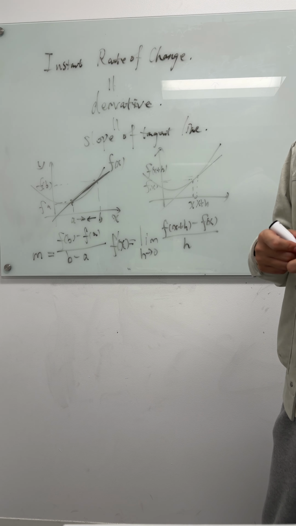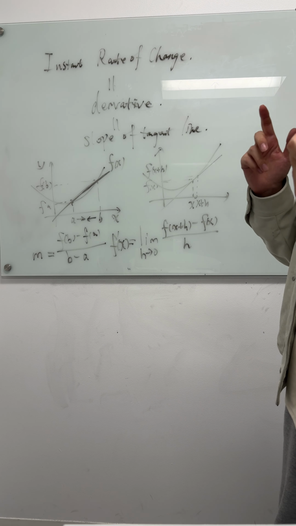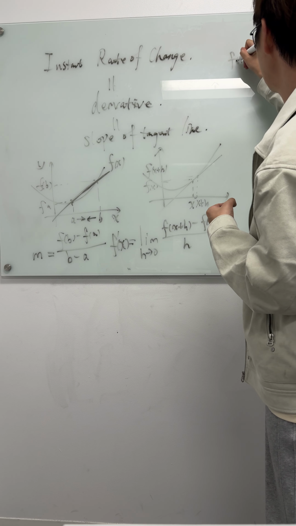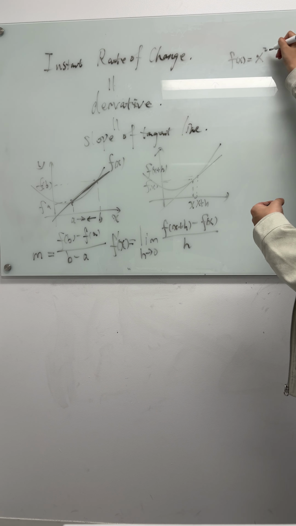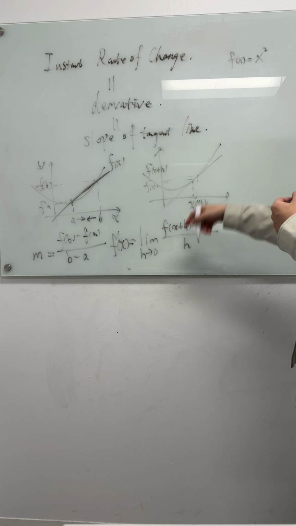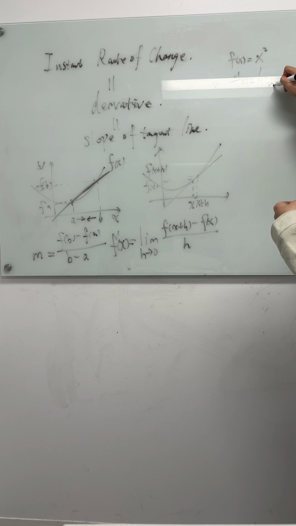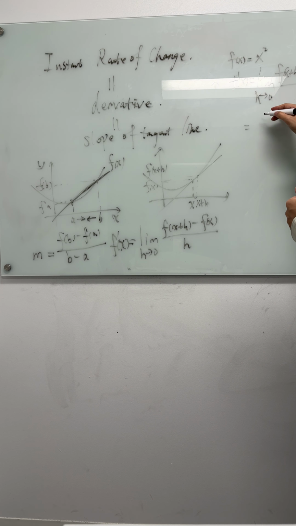So let's try a question: how do we find a function's derivative? Let's say f(x) is x squared. How do we plug into this formula? The derivative f'(x) is the limit as h goes to 0 of (f(x plus h) minus f(x)) divided by h. Plugging in, we get (x plus h) squared minus x squared, divided by h, limit as h goes to 0.